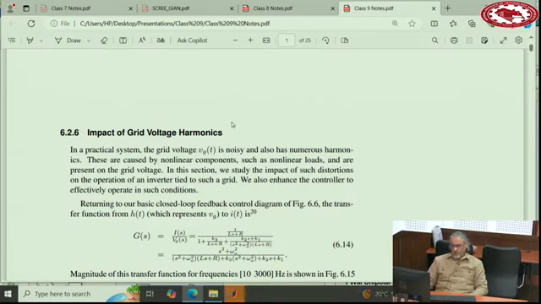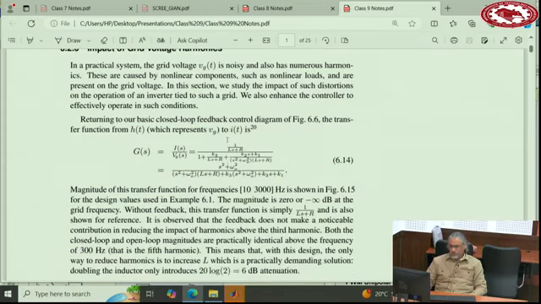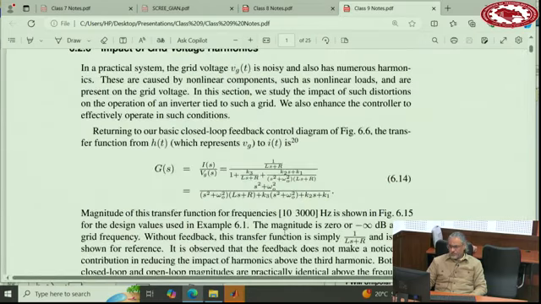If you look at the transfer function from the grid voltage to the current, and you know the feedback loop structure that we had, and you calculate that transfer function, it becomes like this.